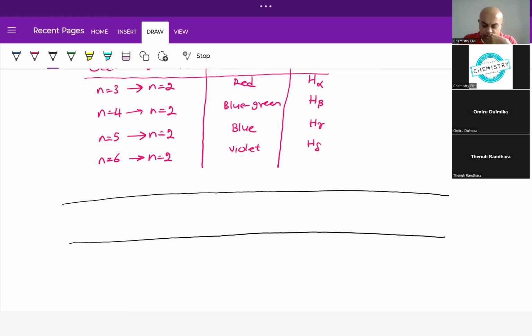So we know the lines are getting closer when the frequencies are increasing. So let's say this is H alpha, this is H beta, this is H gamma and H delta, right?